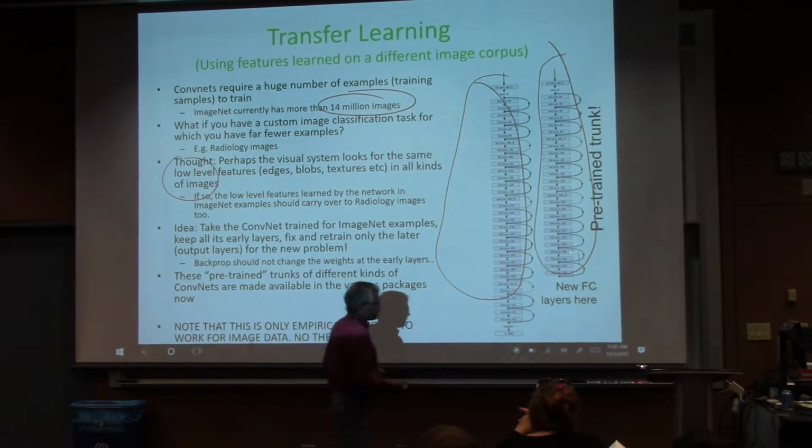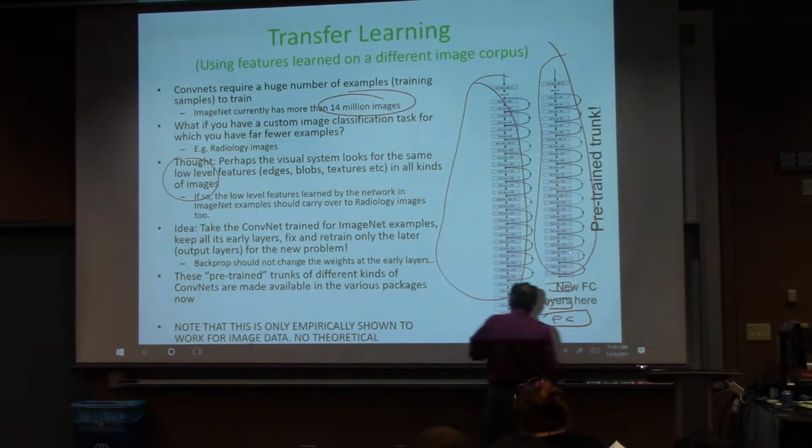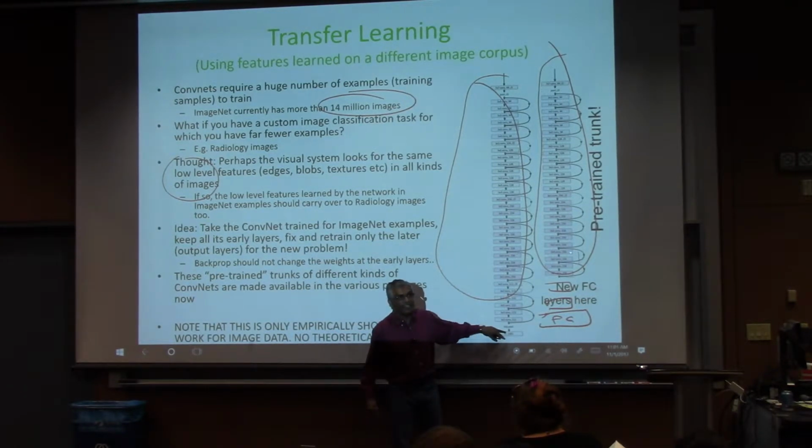Okay? And then on the bottom of this pre-trained trunk, I'll put some more layers, and then put an FC layer. Notice that the FC layer here would be saying 1,000 different classes. One would be dog of type 1, another is a dog of type 2, etc. Right?